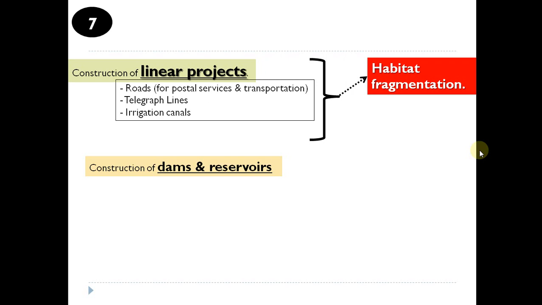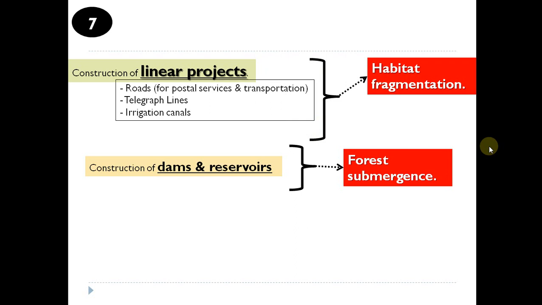The old cities were inhabited by Britishers and their population increased. When this happened, the city life had to be catered to. Dams and reservoirs were constructed. This would lead to forest submergence.